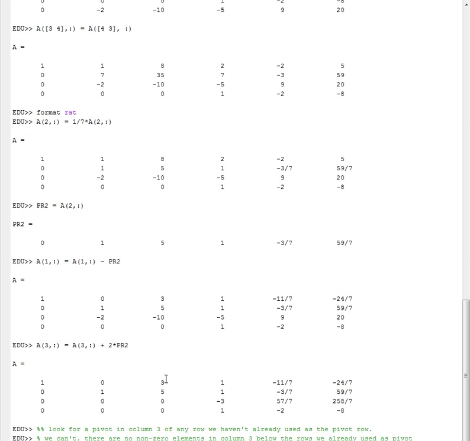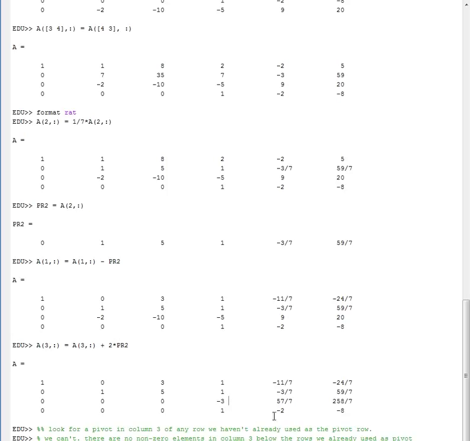Okay, so pretending like column 3 never happened, we skip from the second column to the fourth column. And we look in the third and fourth rows for a non-zero entry that we can turn into a pivot. So we could use this here, or we could use this here. I'm just going to use this -3, even though it doesn't look that nice.